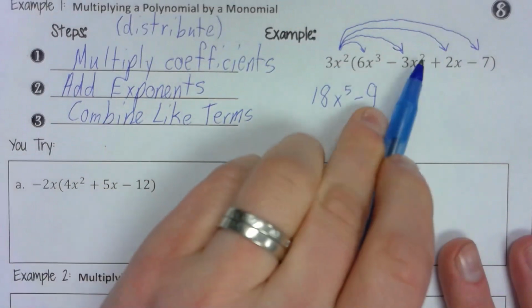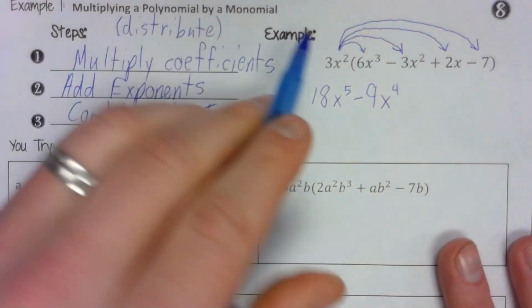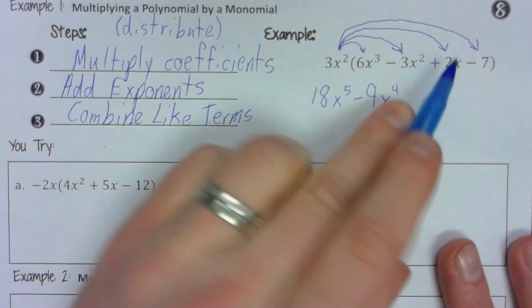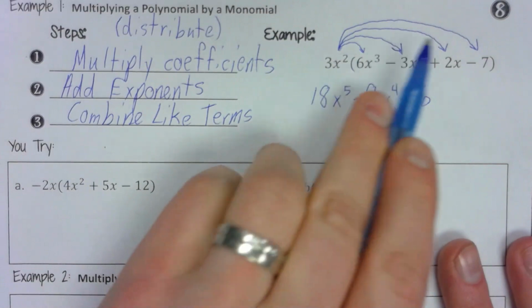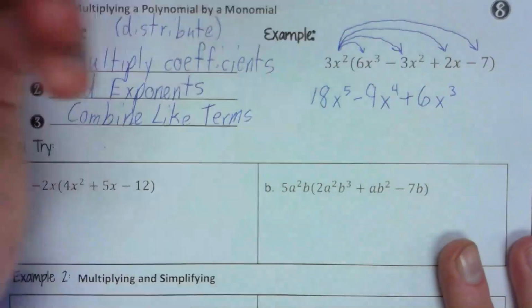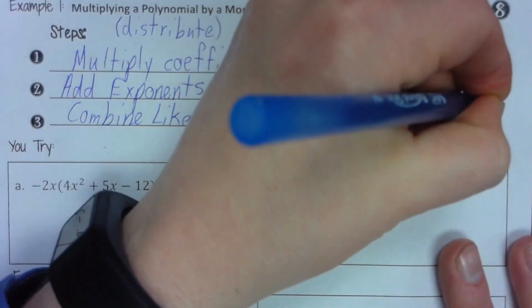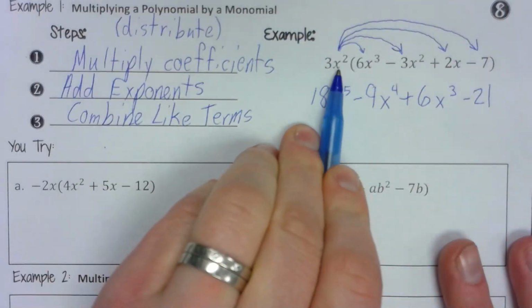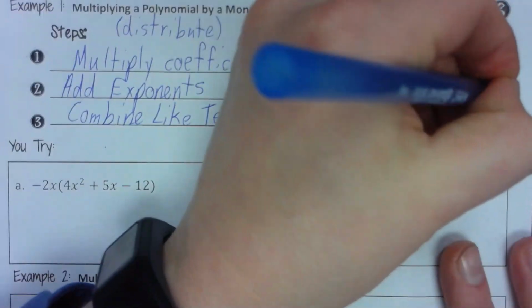X squared times x squared is x to the fourth. 3 times 2 is 6. X squared times x is x to the third. 3 times negative 7 is negative 21. X squared times nothing, or 1, is x squared.